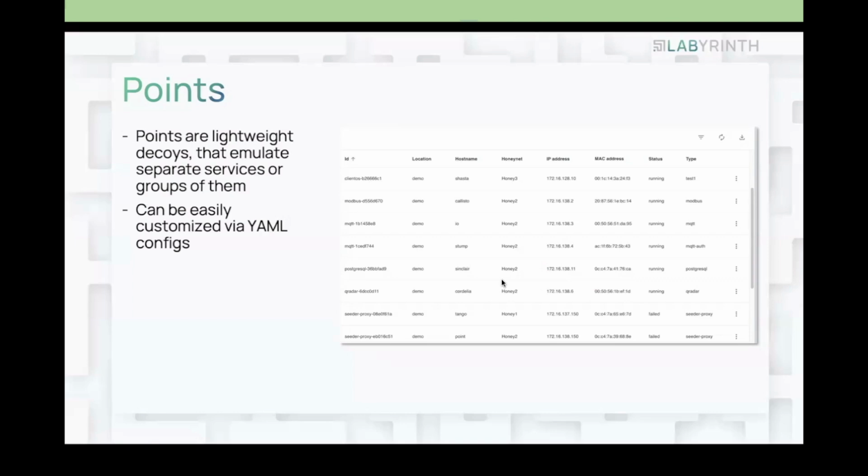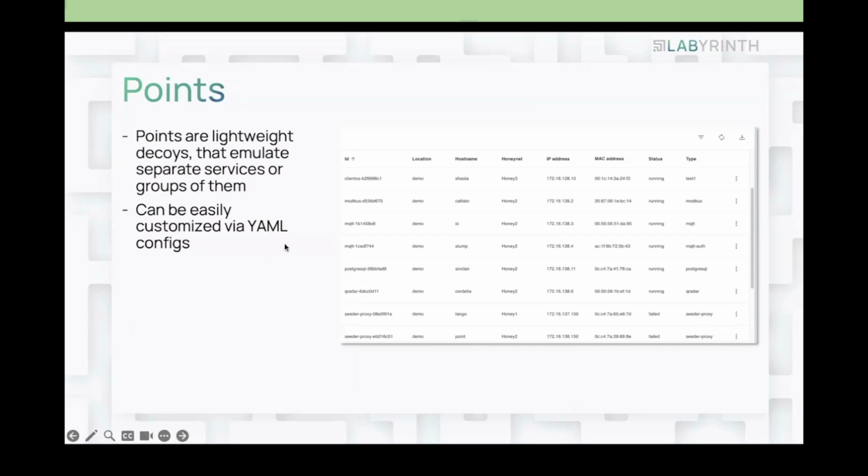They mimic the behavior of legitimate resources, and this way we entice attackers to engage with them and in turn trigger alerts. On the screen you can see examples of those decoys, some of their types. For now, it's important to remember that those decoys can be customized, because we'll be doing that a little bit later on.